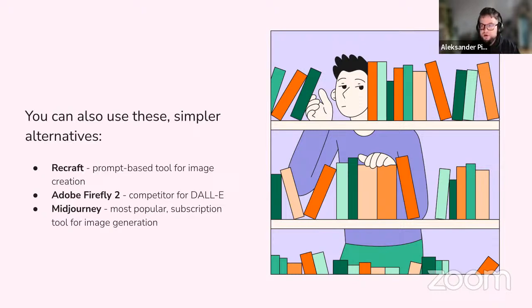It's also very, very good, and it requires a lot more prompting than DALL-E, and I think you should test it out by yourself. And the last one is the well-known Midjourney. It's the most popular subscription tool for image generation. I don't use it much because I don't like the prompts and some kind of coding and things that you must do in terms of the text to achieve the best output.